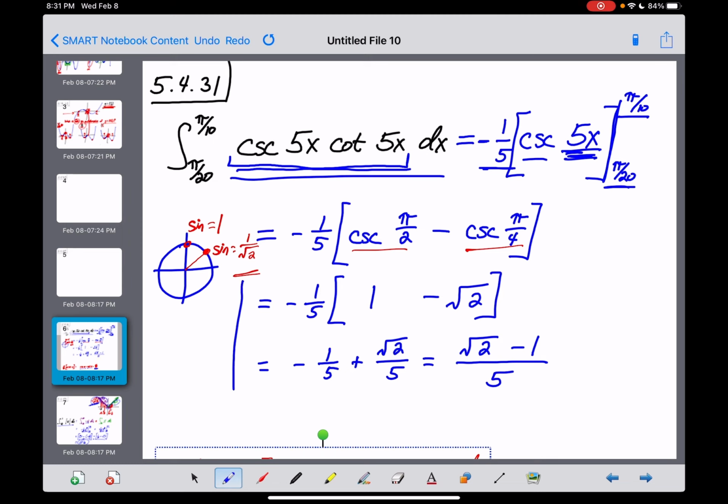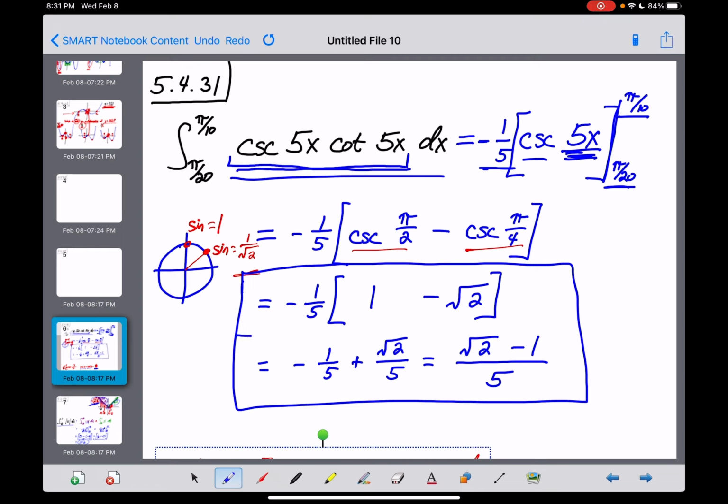I would be okay with any of these three versions of the answer. I think this one is maybe the prettiest and simplest, but looking at the solutions manual, they pretty much left it here.